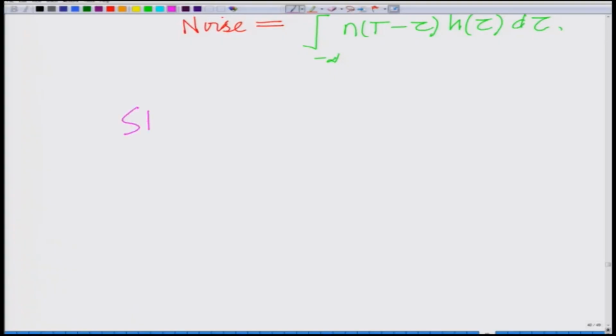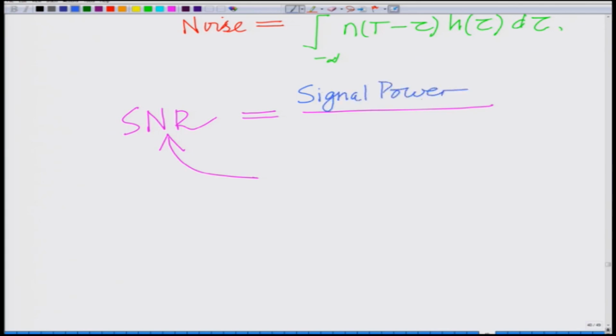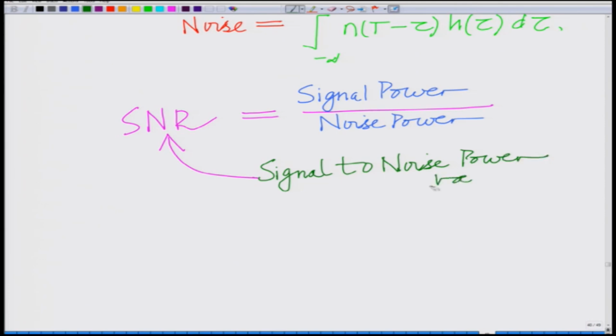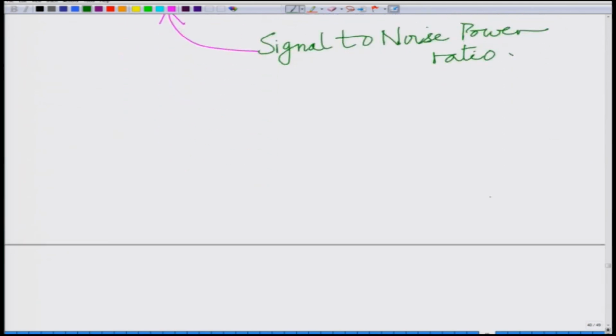The SNR is the ratio of the signal power divided by the noise power, and we have calculated the signal power and noise power independently.